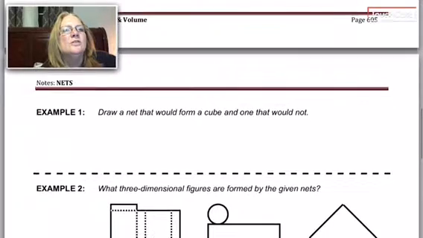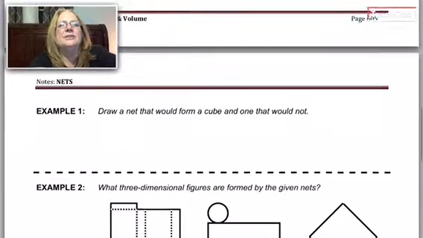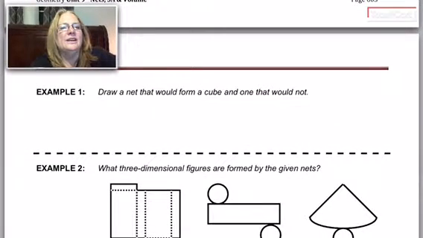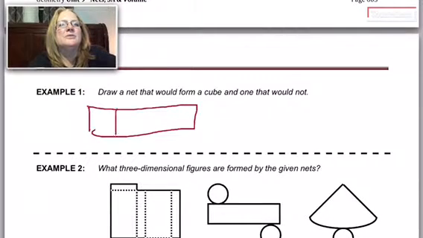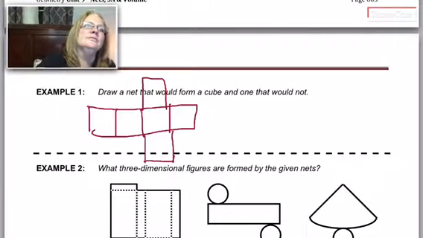All right. Draw a net that would form a cube and one that would not. Again, I'm not very good at drawing. You can look these up on the internet and get some much better pictures than the ones I'm going to do. But that would form a cube.